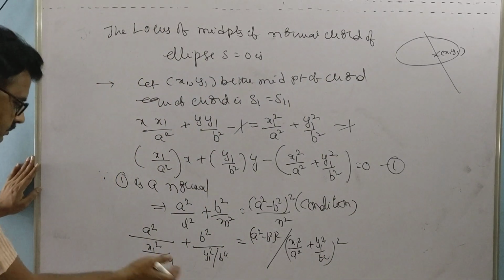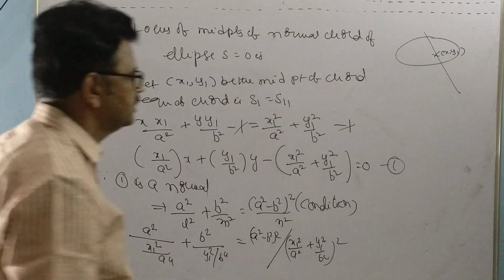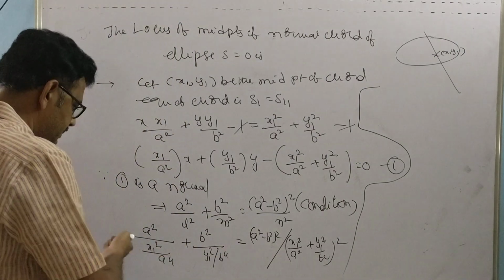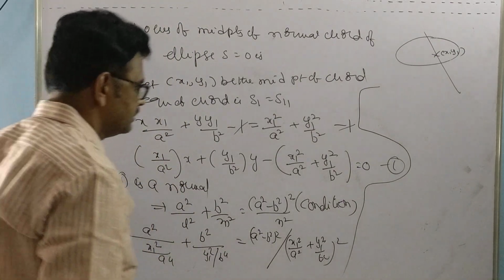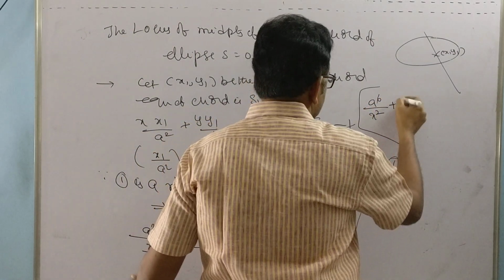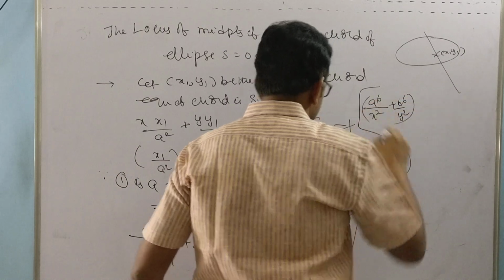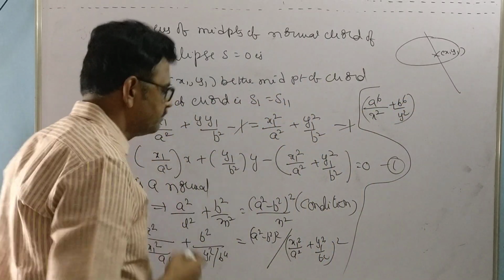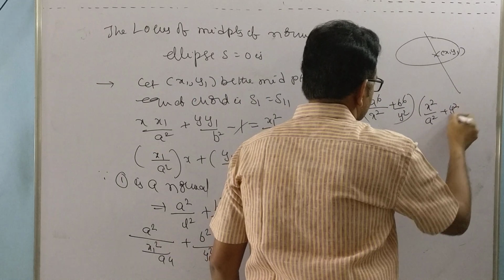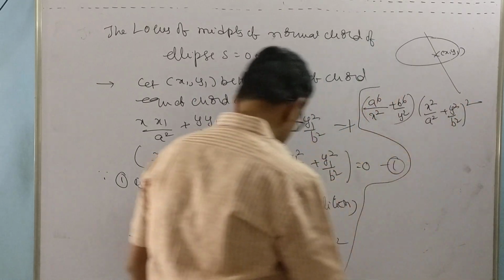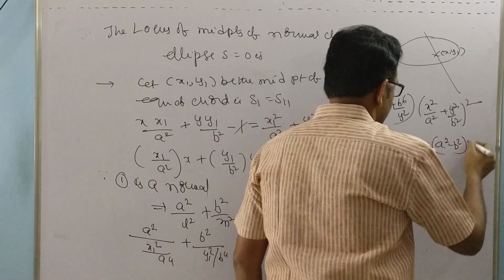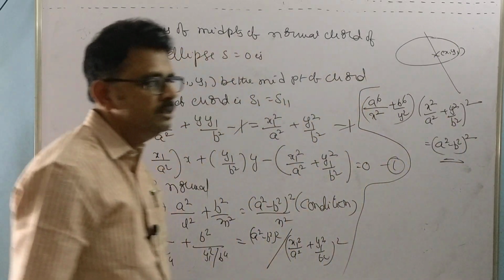Now by cross multiplication, therefore the locus becomes A power 6 by x square plus B power 6 by y square, cross multiplication, is x square by A square plus y square by B square whole square, equal to A square minus B square whole square. So this is the locus.